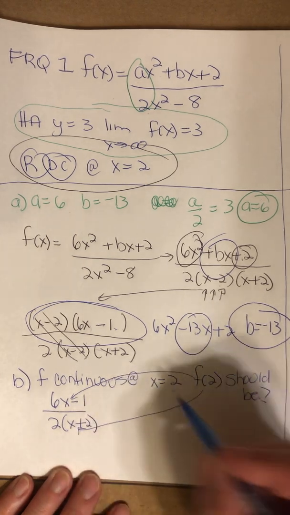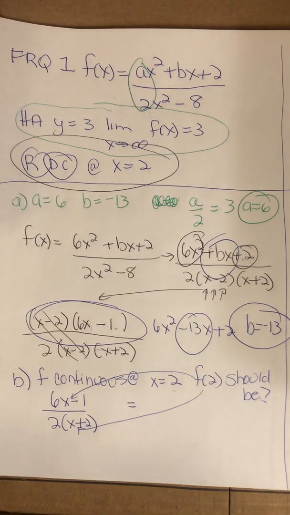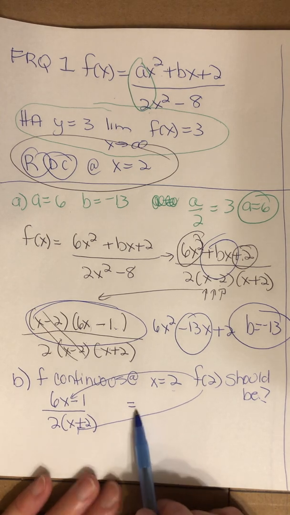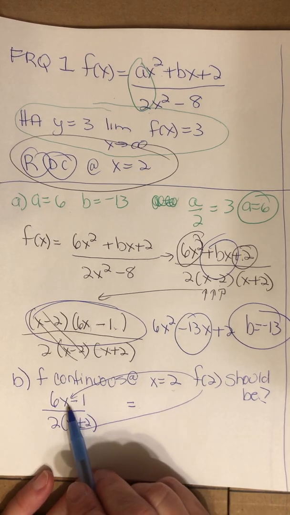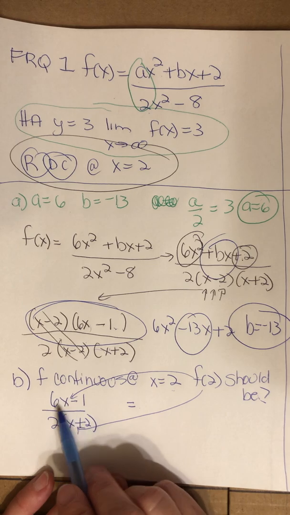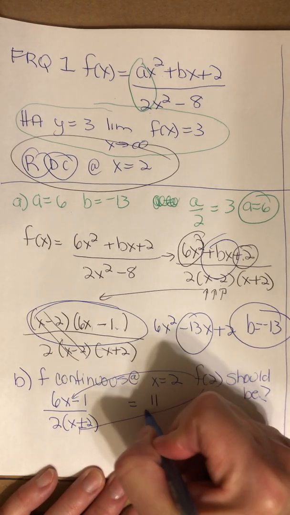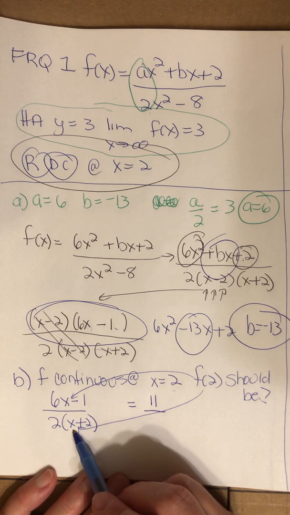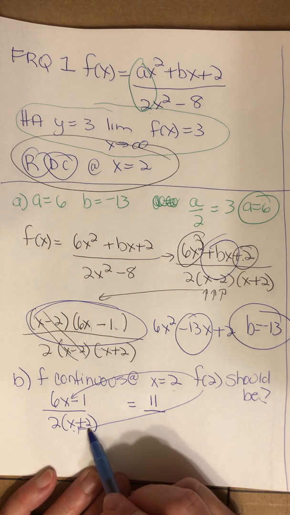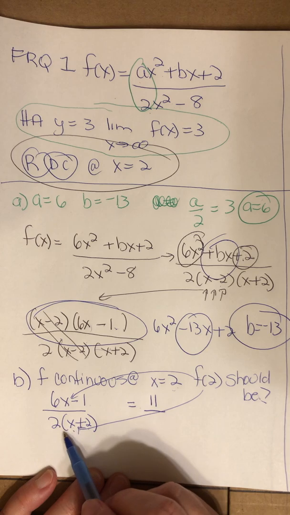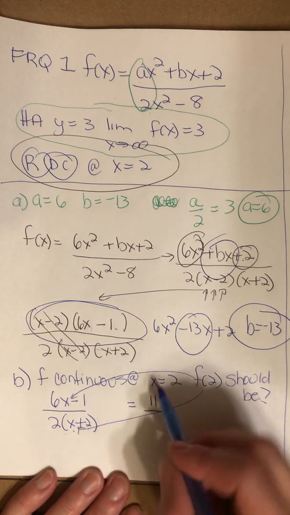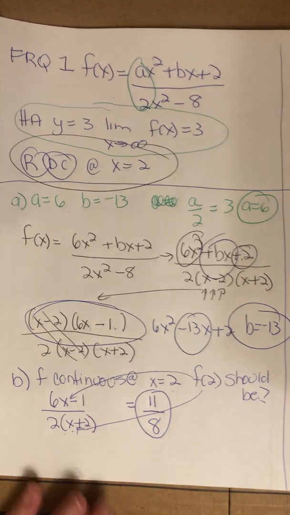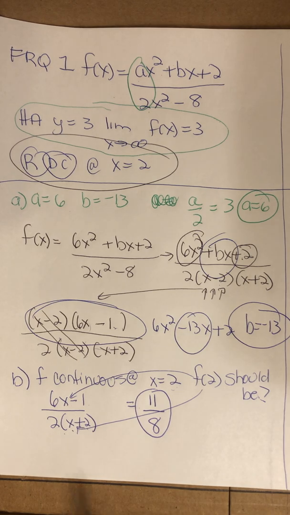Let's put in the 2 for x and see what value we should have to make f continuous at x equals 2. So when we put in a 2 here, we get 12 minus 1 is 11. And when we put a 2 into the denominator, that's 2 plus 2 is 4, times 2 is 8. 11 eighths. So this is the answer for B.